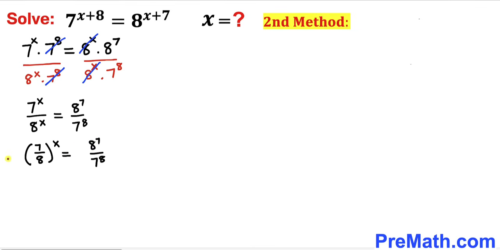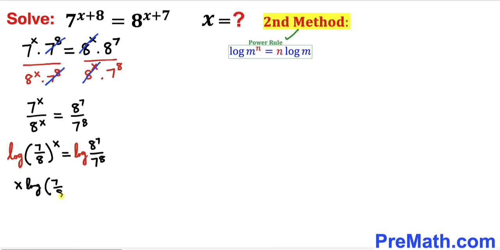And now I'm going to take a log on both sides of this equation. And now let's recall this power rule of exponents once again. According to this rule, I can bring this exponent to the front. So therefore we can write x times log of 7 divided by 8 is going to be equal to.